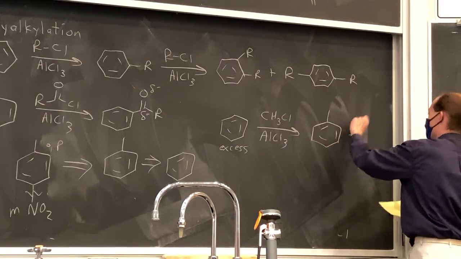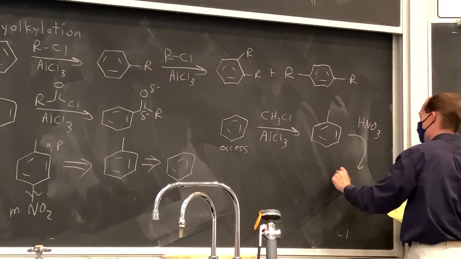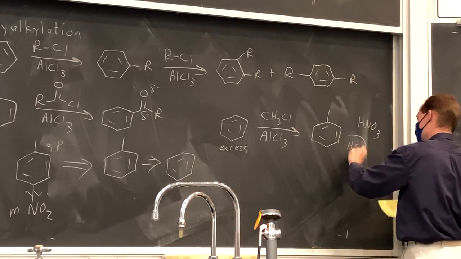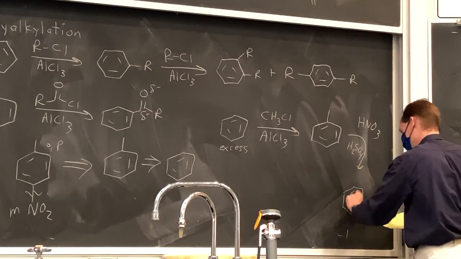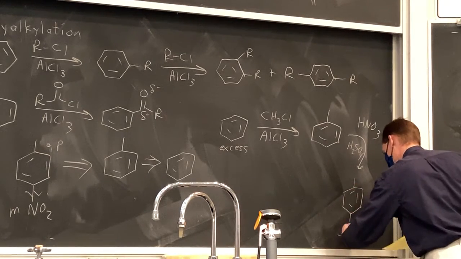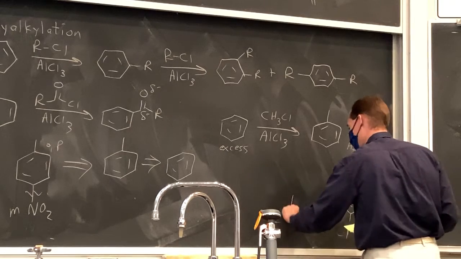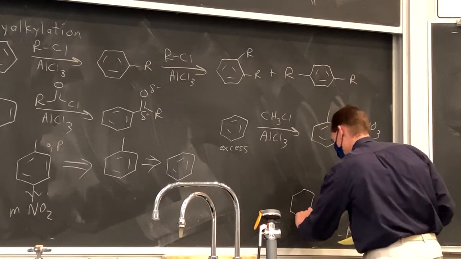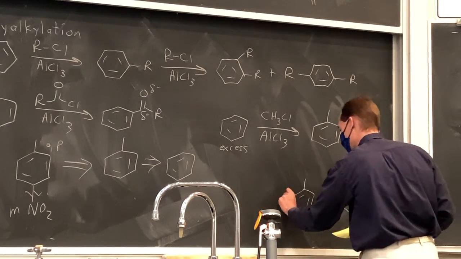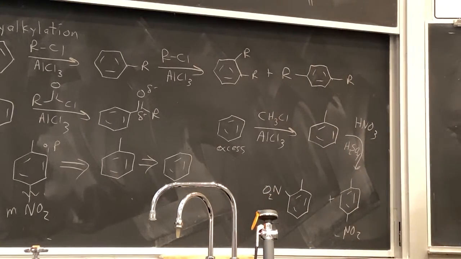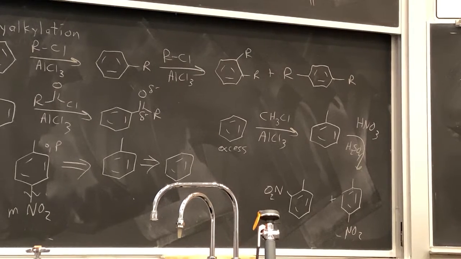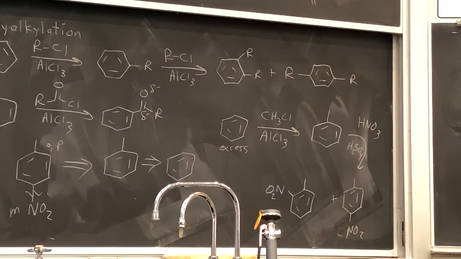And then we could perform a nitration. In this case, we would get two products. We can't avoid getting two products in some of these reactions. We would acknowledge that we are forming two products, but then we would just separate them. Okay?